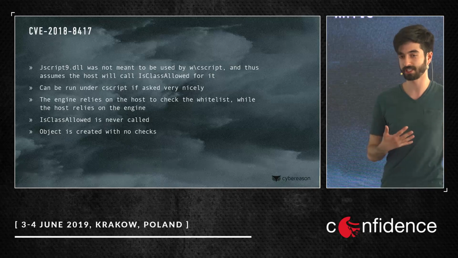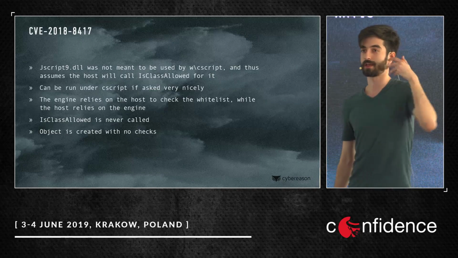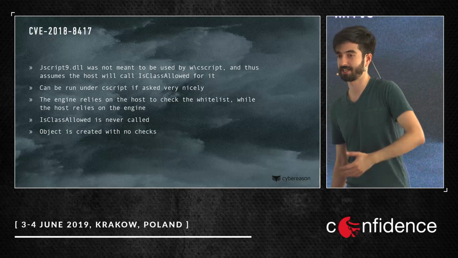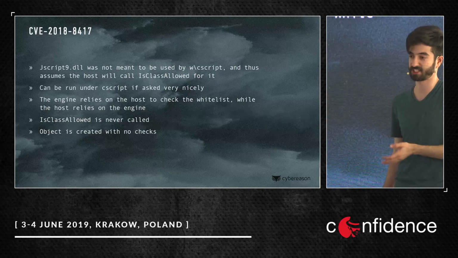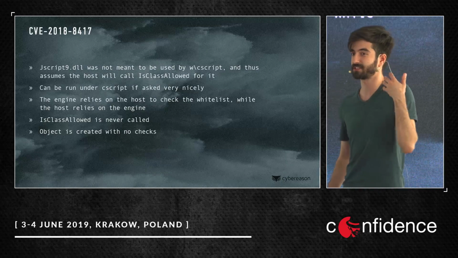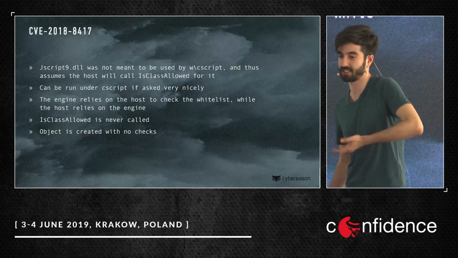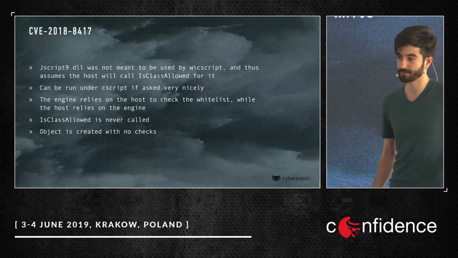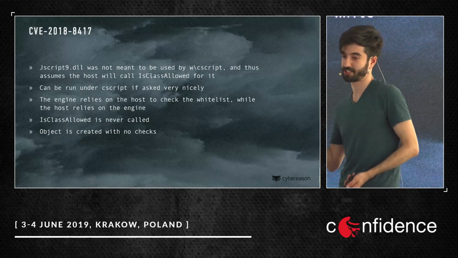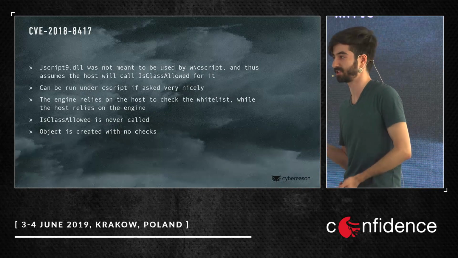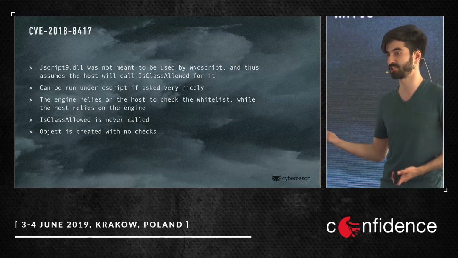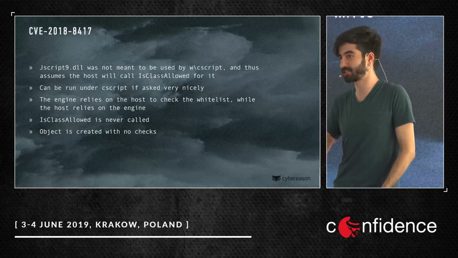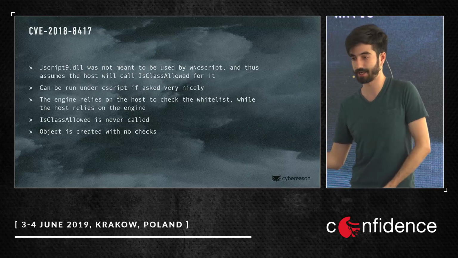This is how it works naturally, but as I've said before, every scripting engine should be able to work with any scripting host because of the ActiveScript interface implementation, meaning that there's really nothing prohibiting me from using one type of implementation with the other. The developers of JScript 9 never thought that it would be used outside of MSHTML as a scripting host, meaning that they don't check for themselves if the class is allowed.